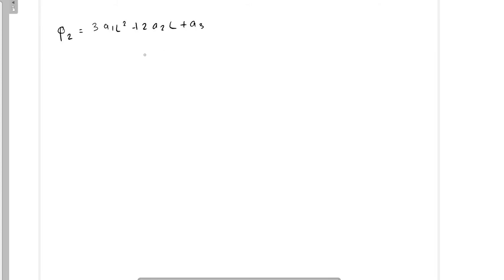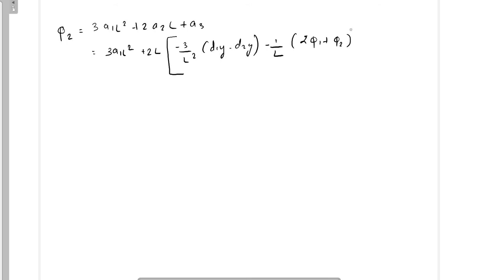Pi 2 equal to 3a1 L square plus 2a2L plus a3. So here 3a1 L square plus 2L, we got the value of a2, minus 3 by L square d1y minus d2y minus 1 by L 2 pi 1 plus pi 2 plus a3. The a3 value, we know, is pi 1.